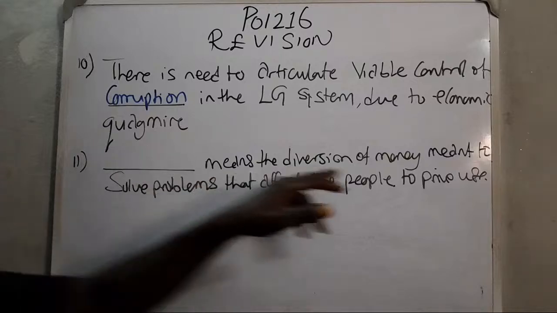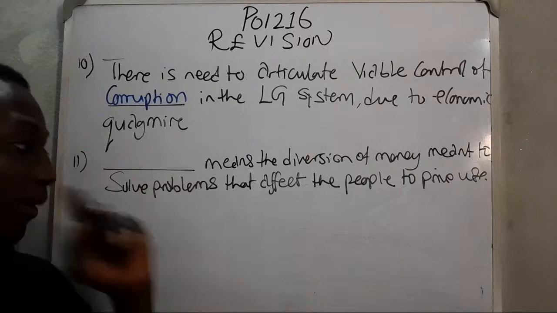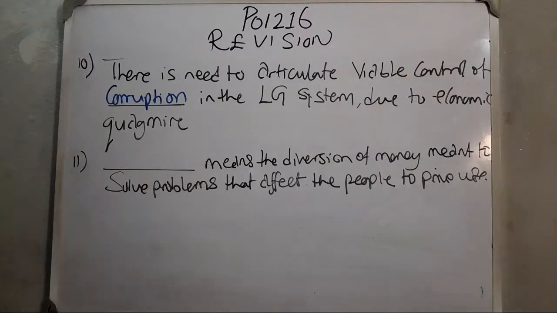Dash means the diversion of money meant to solve problems that affect the people for private use. So we have that. Who's helping out the answer?